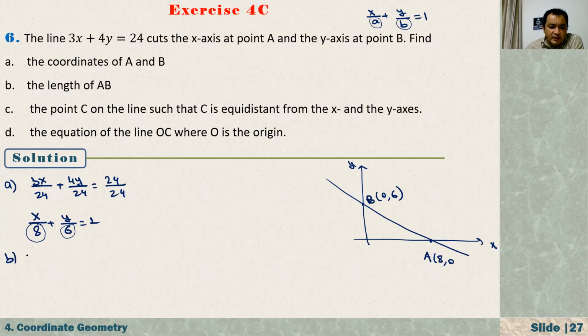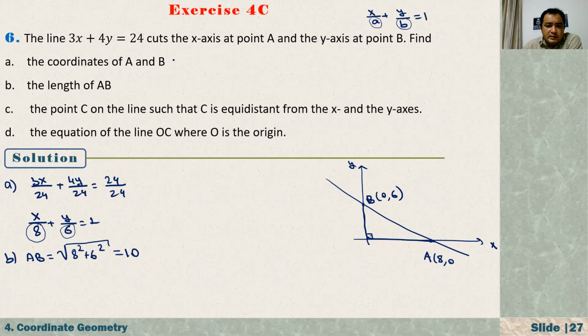How do you find the length of AB? Just using the distance formula, or we can use the Pythagorean theorem, because it forms a right angled triangle. So that's equal to the square root of 8 squared plus 6 squared, and 64 plus 36 is 100, and the square root of 100 is 10.